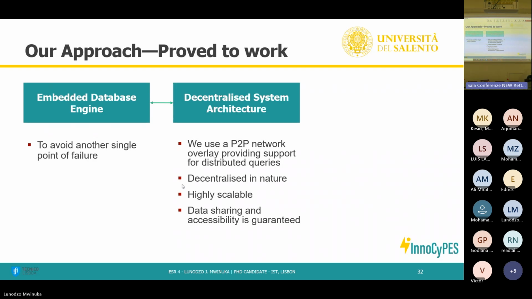By having this embedded database, you are also avoiding another point of failure, because if you have a database engine that is running separate from the underlying system architecture, the database system itself becomes another point of failure. So by having an embedded database engine, whenever your system runs, the database engine automatically runs. You do not have to start or manage these separately.